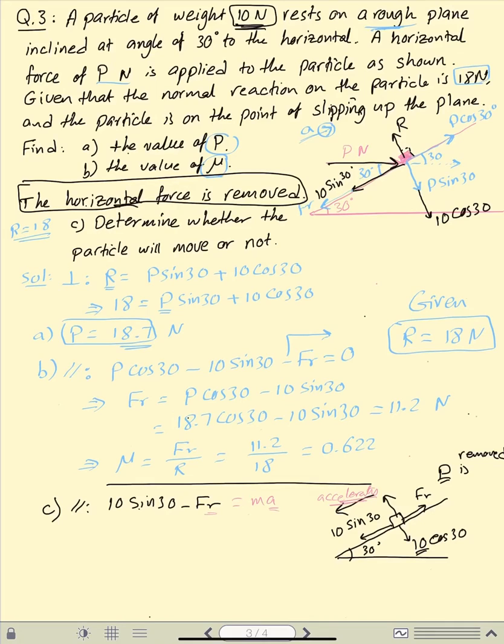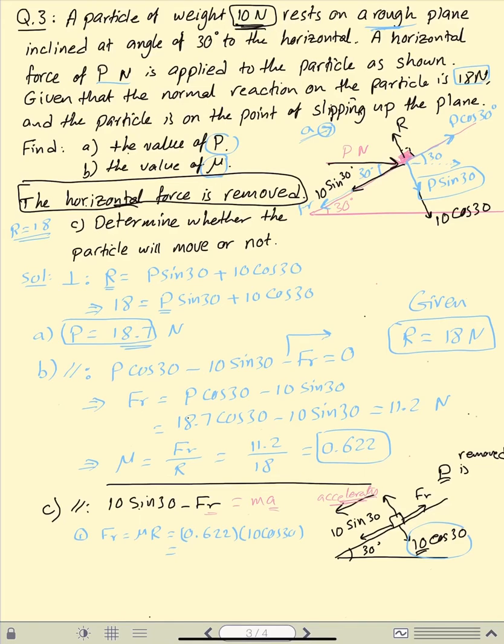So how do you do it? We remember the first fact, we calculate in 2 steps. The new FR now has a new value, which is mu R, and R has changed now. Mu, we know it, which is this value. So FR is equal to 0.622 times 10 cosine 30. We have a new value now, because P is gone. When P is gone, its component is gone also.